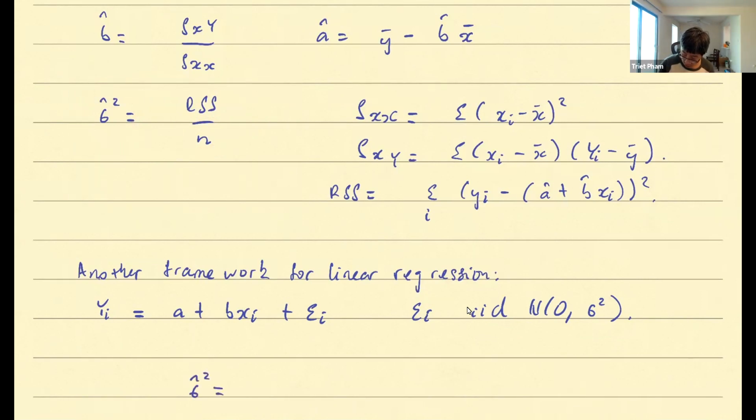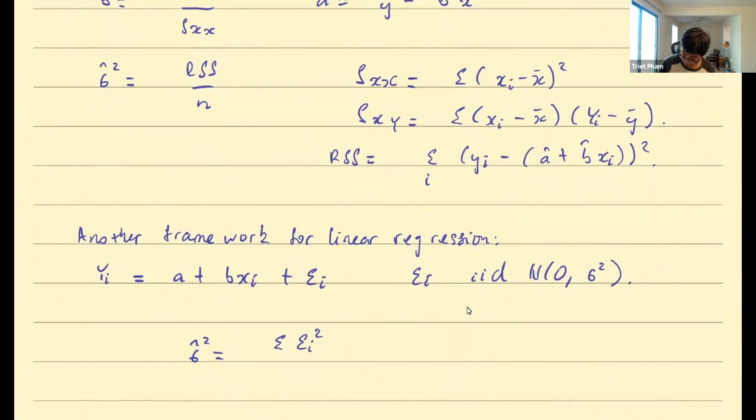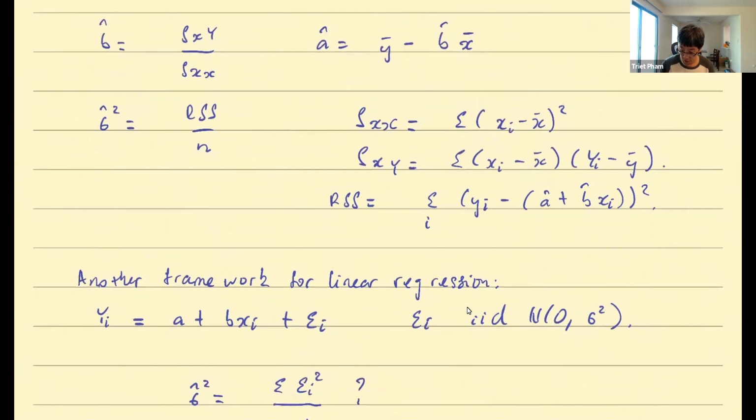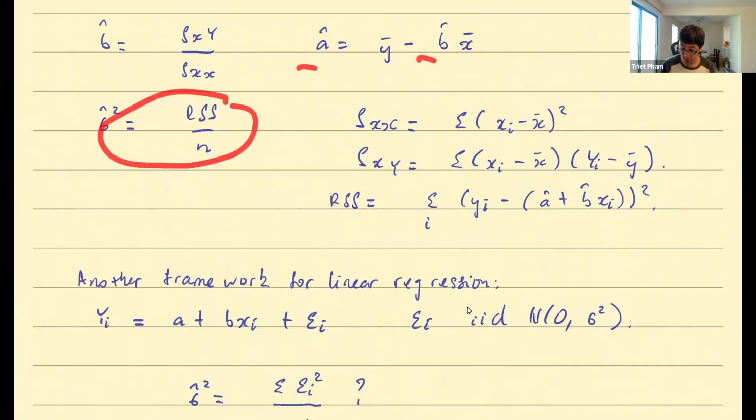But why don't we use this formulation and say something like this: sigma hat square is the sum of epsilon i square divided by, let's say, n minus 1. Isn't this formulation much easier than the other one? Why do we have to phrase everything in terms of A hat, B hat, and then define residual squares?